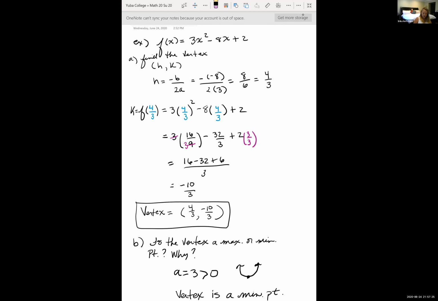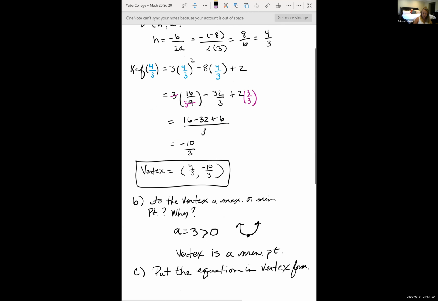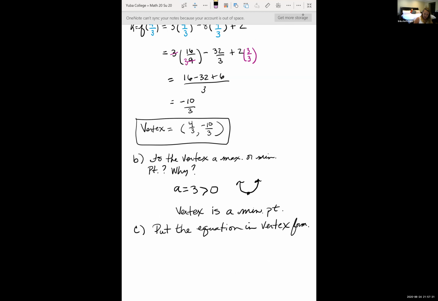Since we already did the work and we know what our vertex is, 4/3 and negative 10/3, we actually know what h is. The h value is 4/3, and our k value was negative 10/3. We actually know what a is, the coefficient in front of that quantity squared, which was 3.